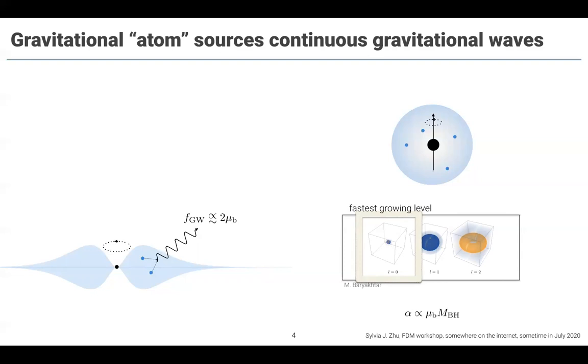At some point, there are enough particles in the cloud that they start to annihilate. As they annihilate in the presence of the gravitational field, two bosons can annihilate into, let's say, one graviton. In this context, the frequency of the gravitational wave, or the graviton that's emitted, almost entirely depends on the mass of the boson. So for the most part, the gravitational wave frequency that comes out just depends on the mass of the boson that has formed this cloud around the black hole.